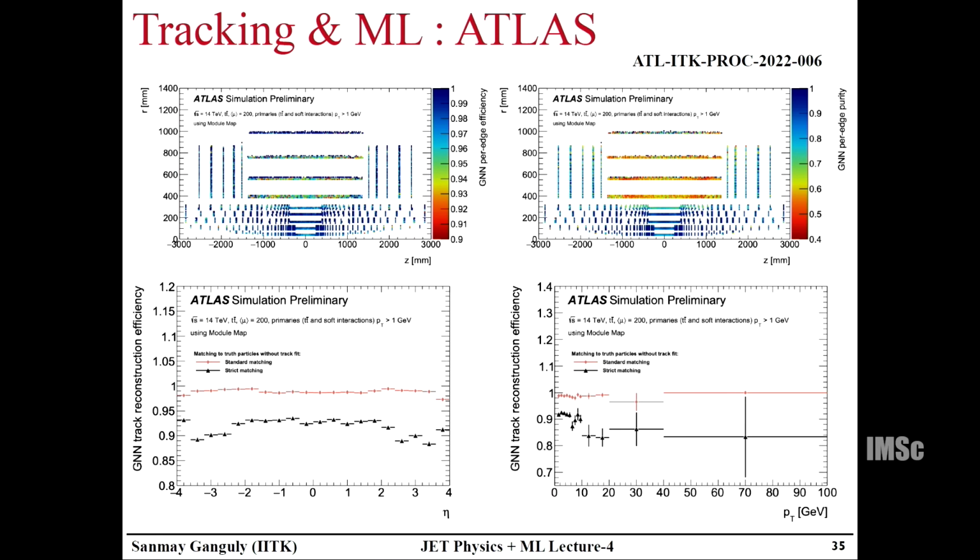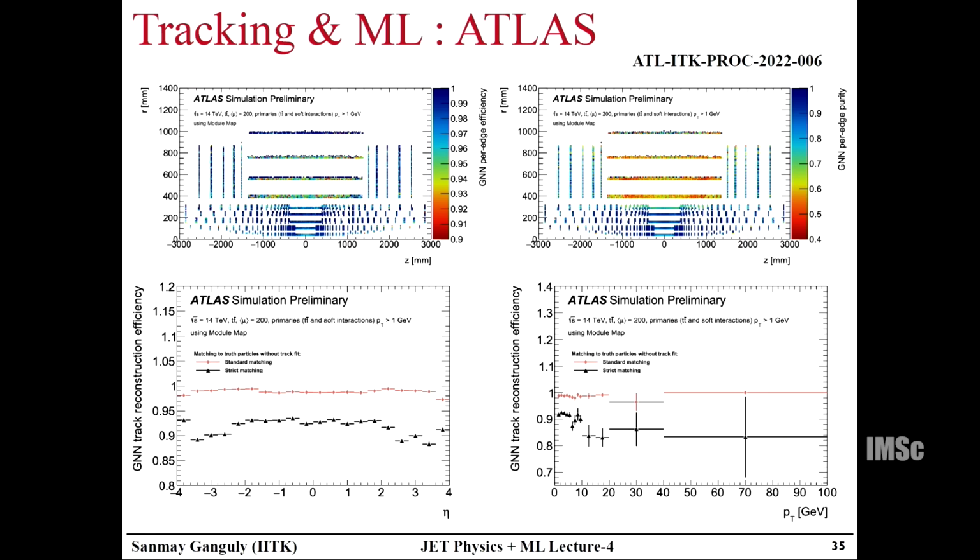Good. Now, just to show you some performance. So, here you can see that in ATLAS, with some machine learning, our track reconstruction efficiency is in one case 94%, in the other case it's almost close to 1.